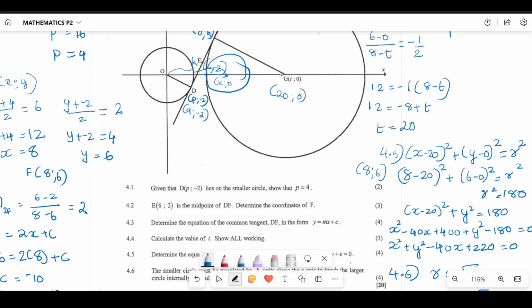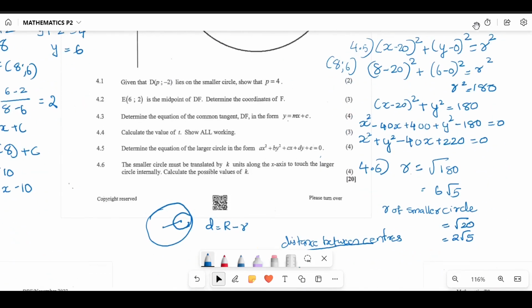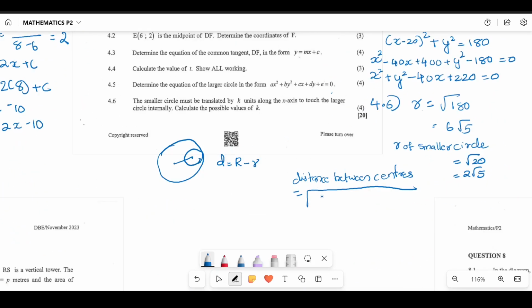So the distance is this distance, equal to the bigger radius R minus the smaller radius r. The distance between the centers is the square root of (x2 − x1)² + (y2 − y1)², which is just 20 − k.